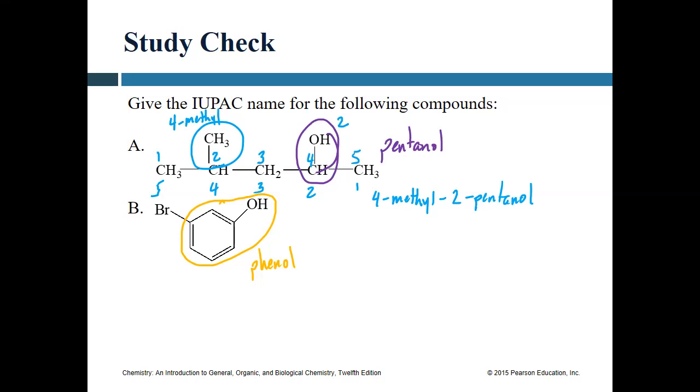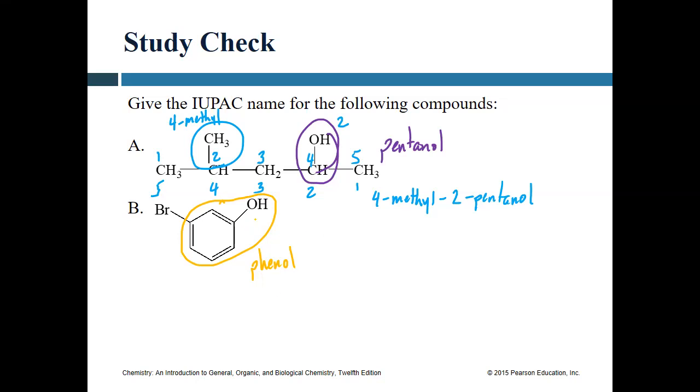That benzene ring as a substituent is called a phenyl ring, P-H-E-N-Y-L. So if a benzene ring was ever a side group on a larger chain, we would name it phenyl as a result. And so that's where phenol comes from. It's phenyl alcohol. We smash that together. Phenol is the name. So here we have a phenol.